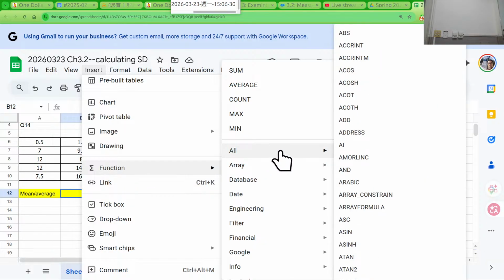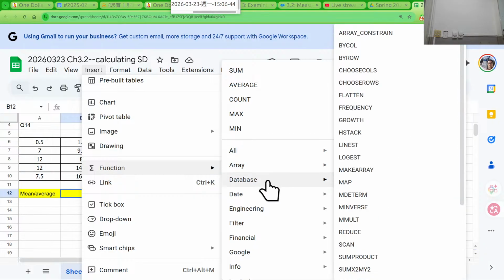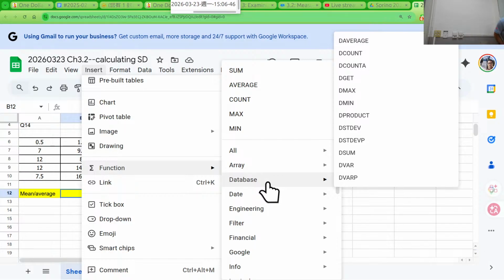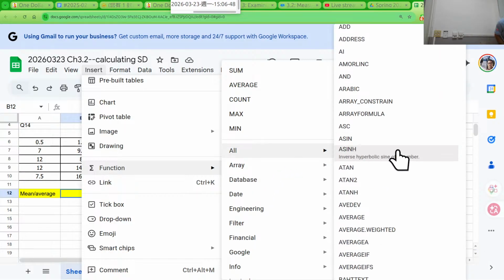Or function. For example, your computer can be reset every time, but when we move to it, you can select average.